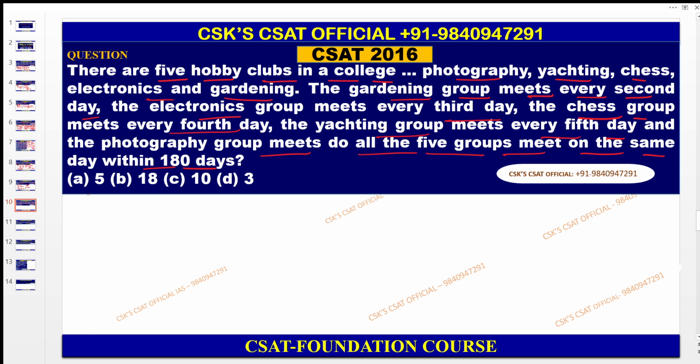Now try to understand this one. Here we have 2, 3, 4, 5, 6. Take the LCM of these.